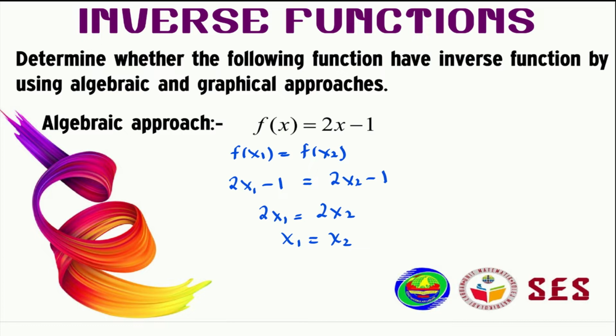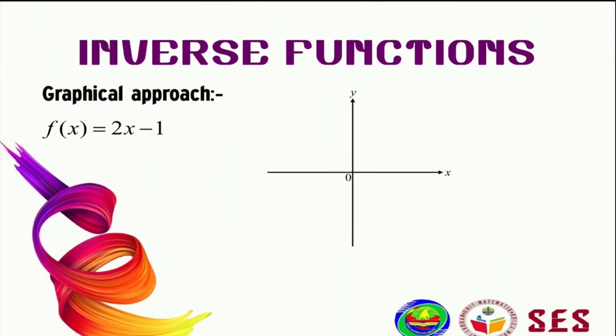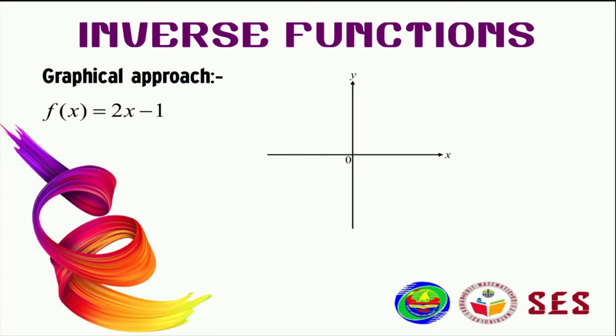Let us write the conclusion. Since x1 equals x2, f(x) is a one-to-one function. Now let us consider the graphical approach, where we do the horizontal line test and see how many points the line cuts the graph.